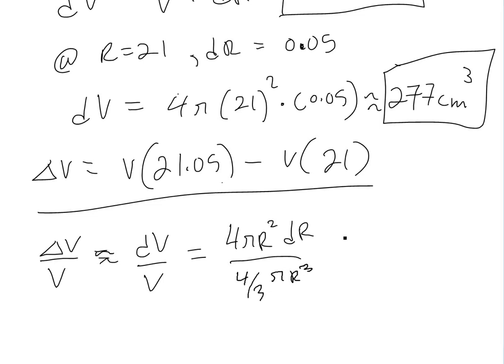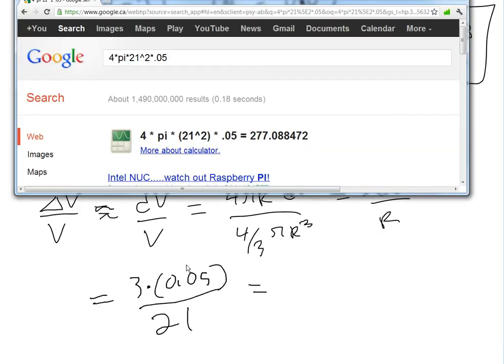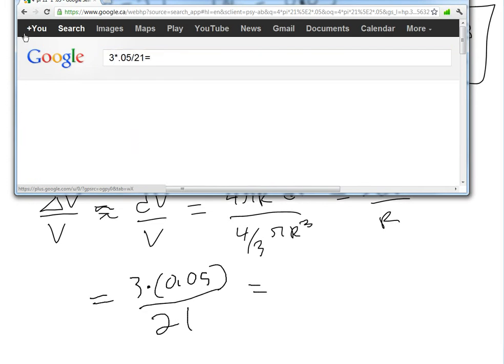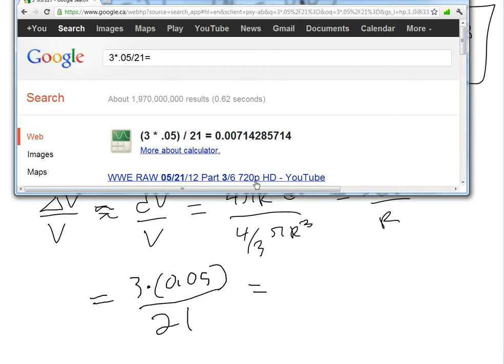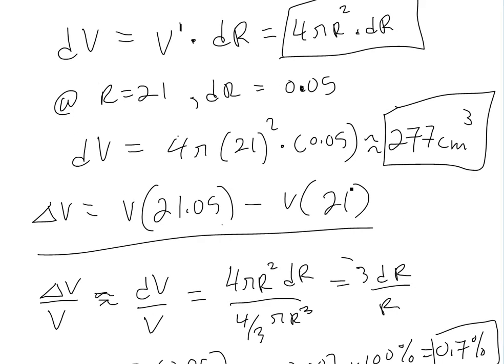Now the pi's cancel, the 4's cancel, and we're just left with 3 dr over r. So you plug this into the calculator: 3 times 0.05 divided by 21. This equals 0.007. If we multiply by 100%, we get 0.7%. So basically it's 0.7% of the volume, which is very, very little.